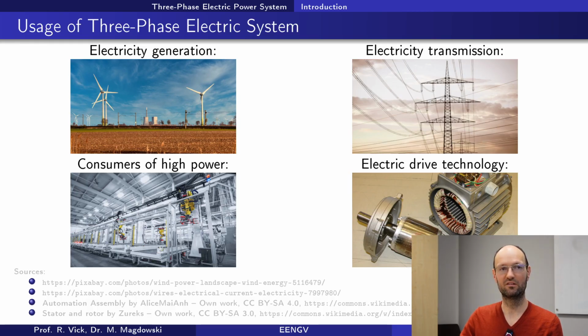And so in these drives you don't need these commutators, and so you don't need brushes, and you don't have arcs at these brushes, and you don't need to replace these brushes every, I don't know, 1,000 hours of operation. So yeah, they are much better and much more efficient electrical drives. And probably you will have a lecture about electrical drive systems in the next semester. So you will learn more about these drives.